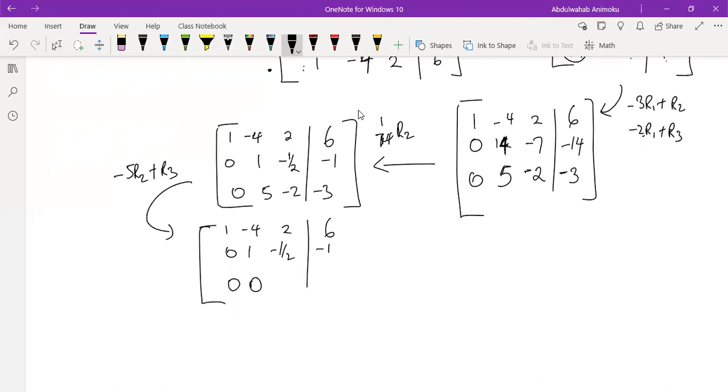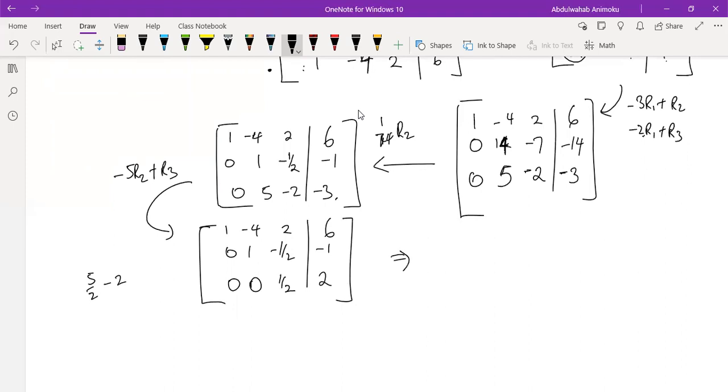And then minus 5 times minus 1 over 2, that's 5 over 2. So we have 5 over 2 minus 2, that will give us 1 over 2. So that's 2.5 minus 2, that will give us a half. And finally, minus 5 times minus 1 will give us 5. 5 minus 3, that's 2. Okay, so now you can see we've reduced this.